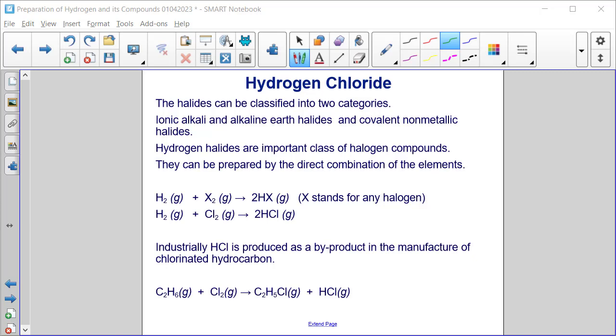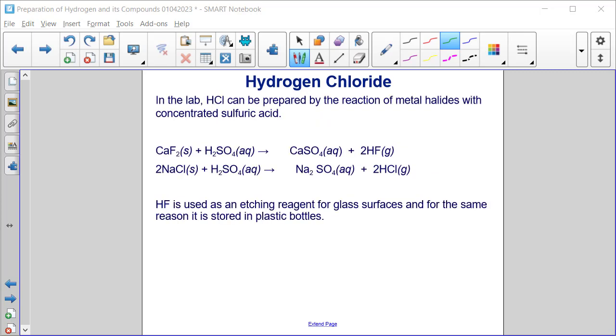Industrial HCl is produced as a byproduct in the manufacture of chlorinated hydrocarbons. So a hydrocarbon, C2H6, plus chlorine gas produces C2H5Cl, a chlorinated hydrocarbon, and the byproduct, HCl. In the lab, HCl can be prepared by the reaction of metal halides with concentrated sulfuric acid.